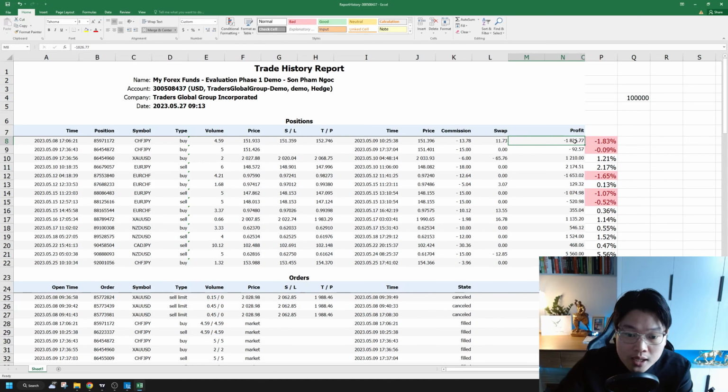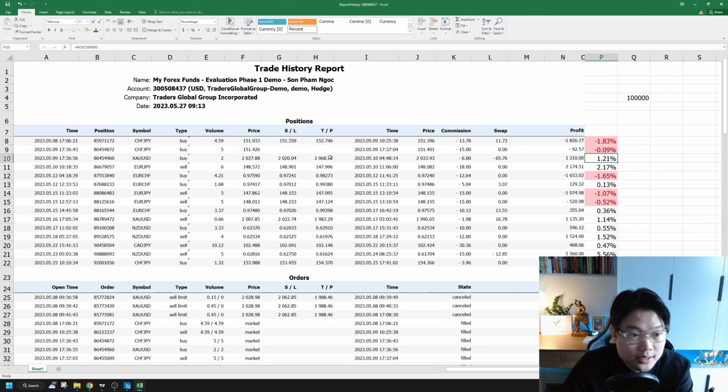We use the social trading tool for copying, so you don't need to open trades on many accounts at the same time. Just use the copy social trading tool to help you manage many prop firm accounts. It is easier to manage and trade with a big account like that.